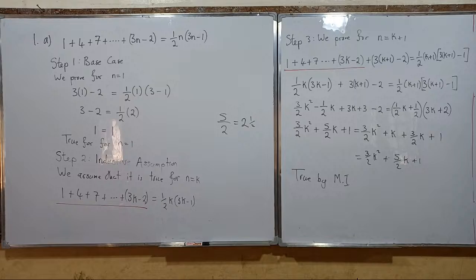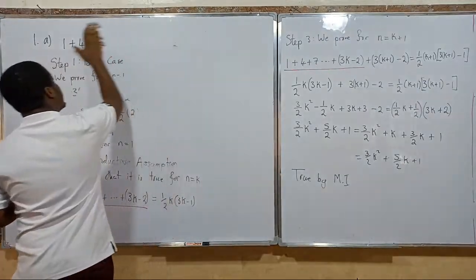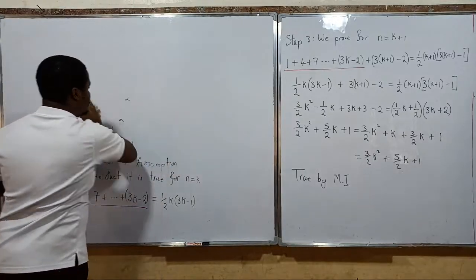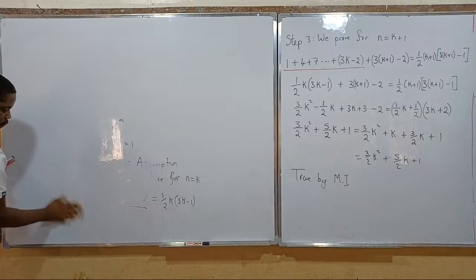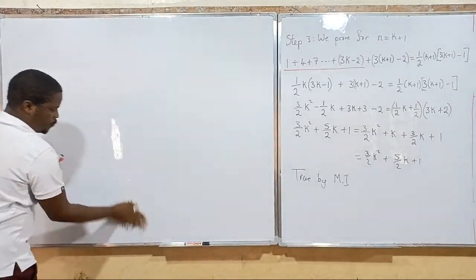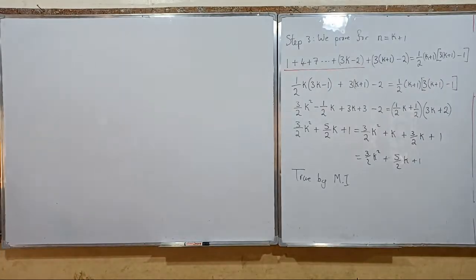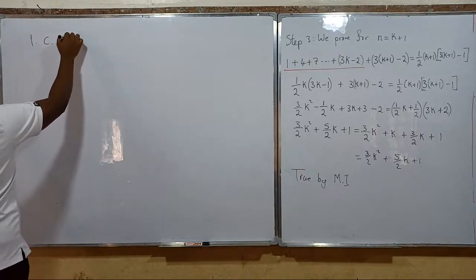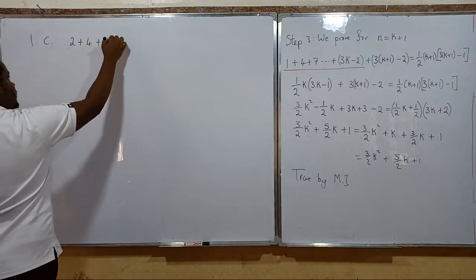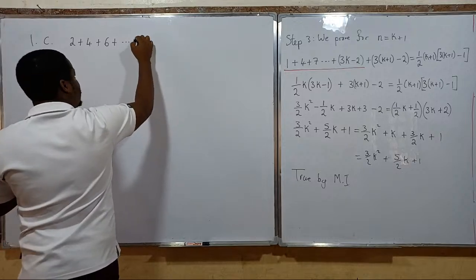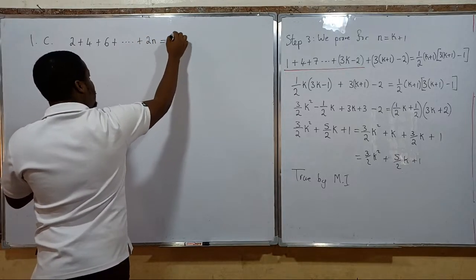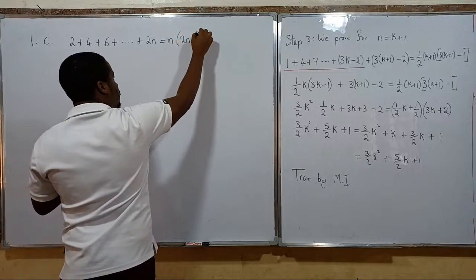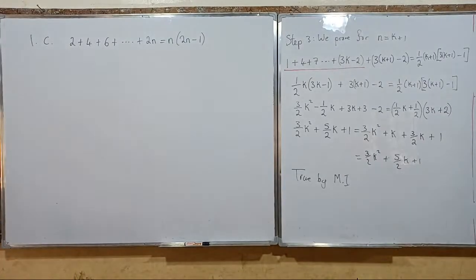For example, question 1, part C says, prove by induction: 2 plus 4 plus 6 plus ... plus 2n is equal to n(2n minus 1).